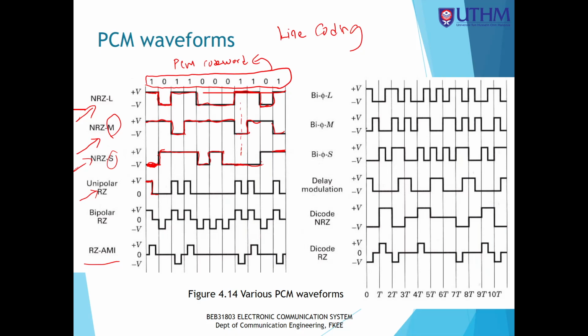And then the next input is logic 0, so it will remain at 0 volt. Okay, nothing changed, nothing happened. And then input logic 1, it will produce output positive and then return to zero. Input logic 1 again, produce output positive, return to zero. So the next input is logic 0, so no change in the output.